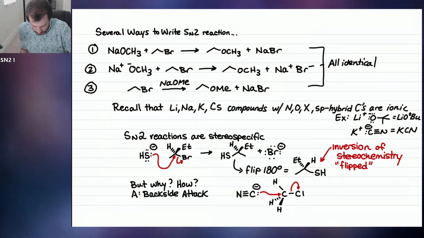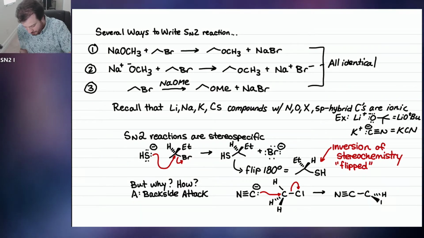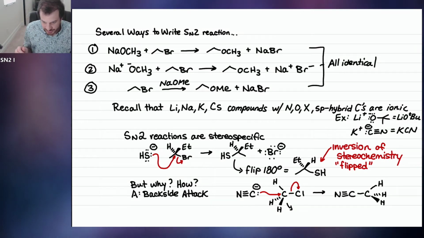Now, when we get to the product, what you're going to find is that because the nucleophile comes 180 degrees to the leaving group, our product is going to look like this. And so the key is actually to look at the transition state of this reaction. That is the halfway point between starting materials and products.